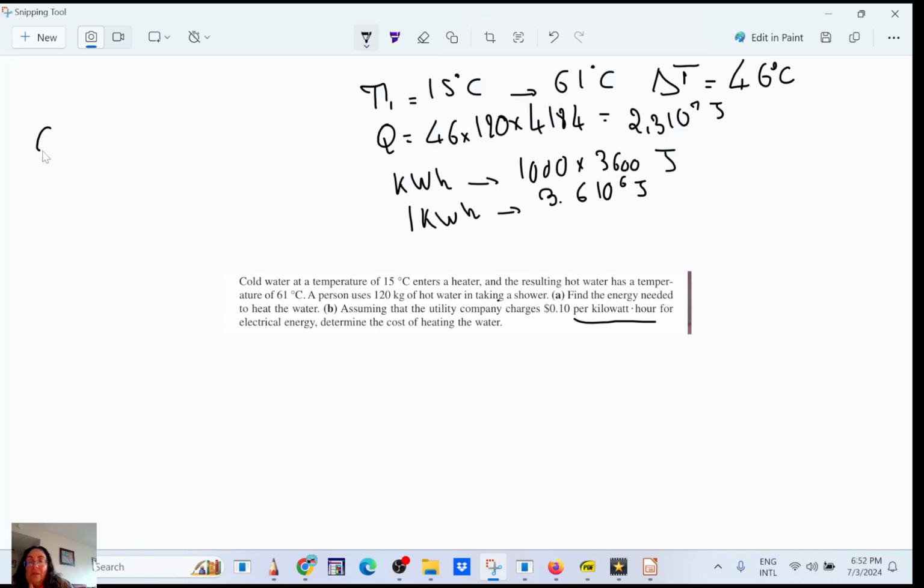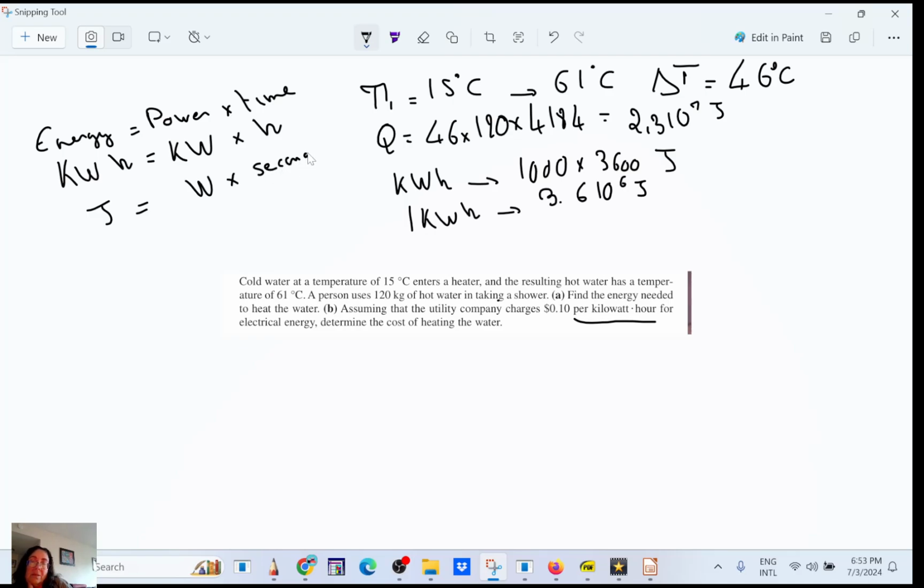Okay, because energy is power times time. So if you have energy in kilowatt hour, it's power in kilowatt times time in hour. Or joule is watt times the time, which has to be in seconds. So if you want joules, you're going to do 1000 times 3600.